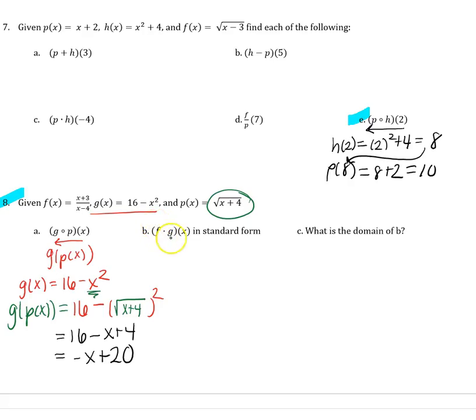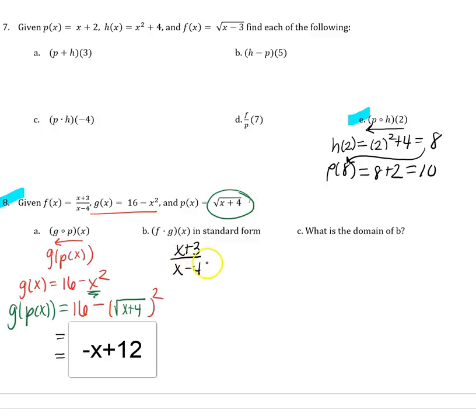Okay, now f times g of x, I'll just write f of x is equal to x plus 3 over x minus 4. G of x is 16 minus x squared, and I'll multiply this. So I'll put this over 1, and when I'm multiplying rational expressions, remember that it will be helpful to factor anything I can, which this is.